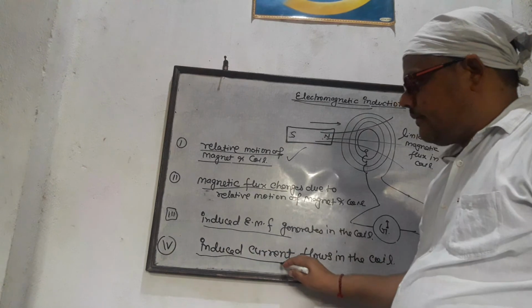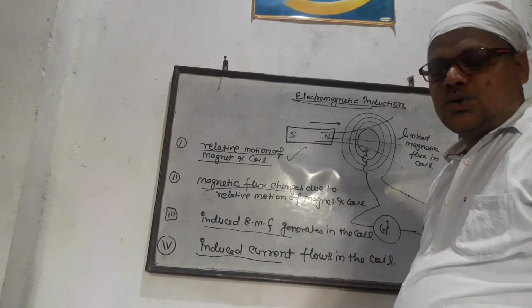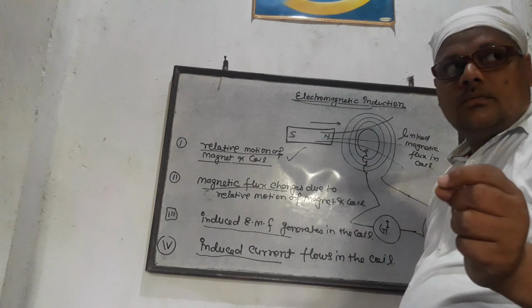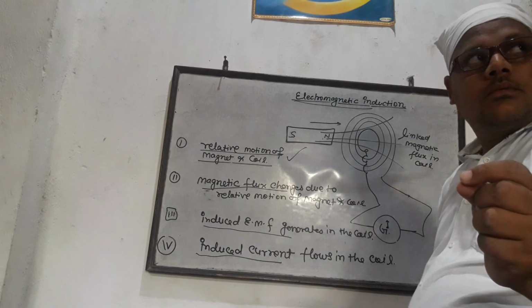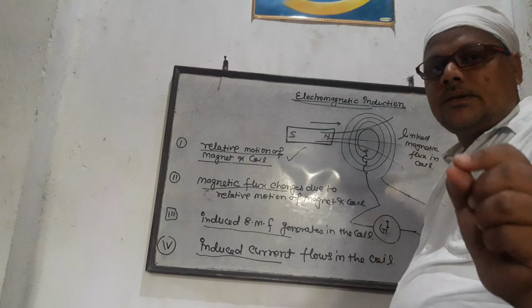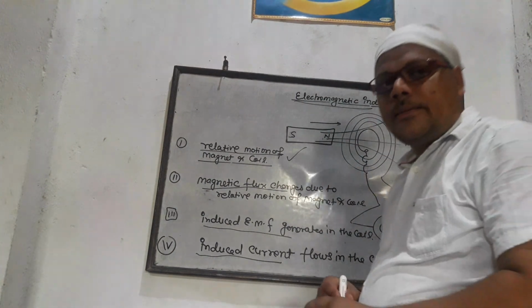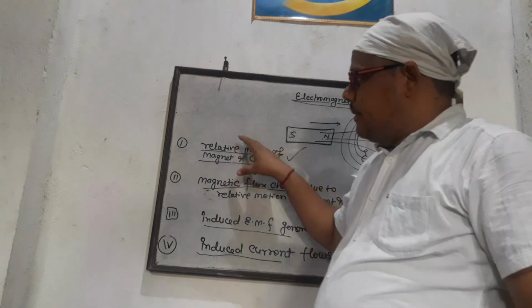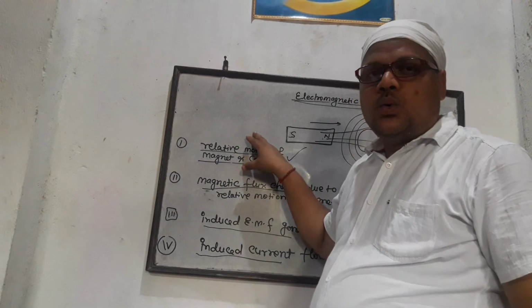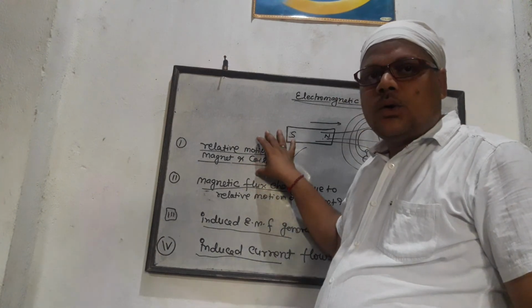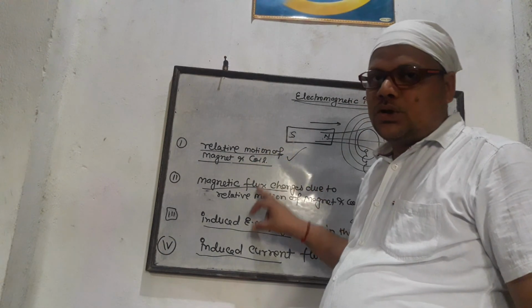And the last step, if induced current does not flow in the coil, it means there is no phenomenon of electromagnetic induction. Okay, so always remember, if you want to describe electromagnetic inductions, describe with the help of four steps.